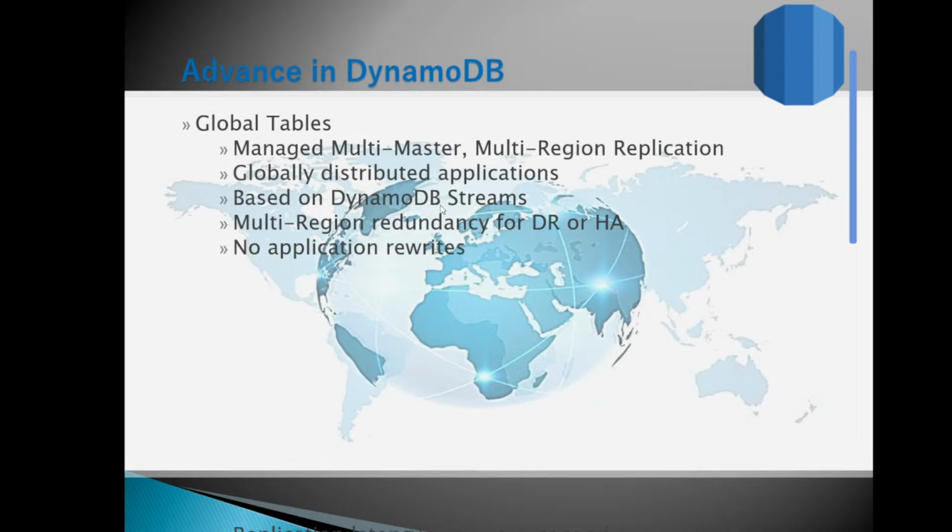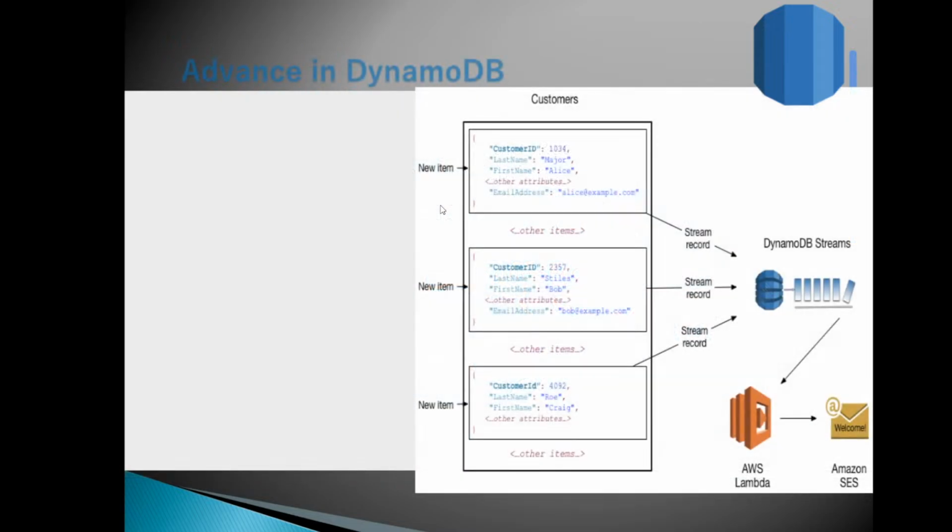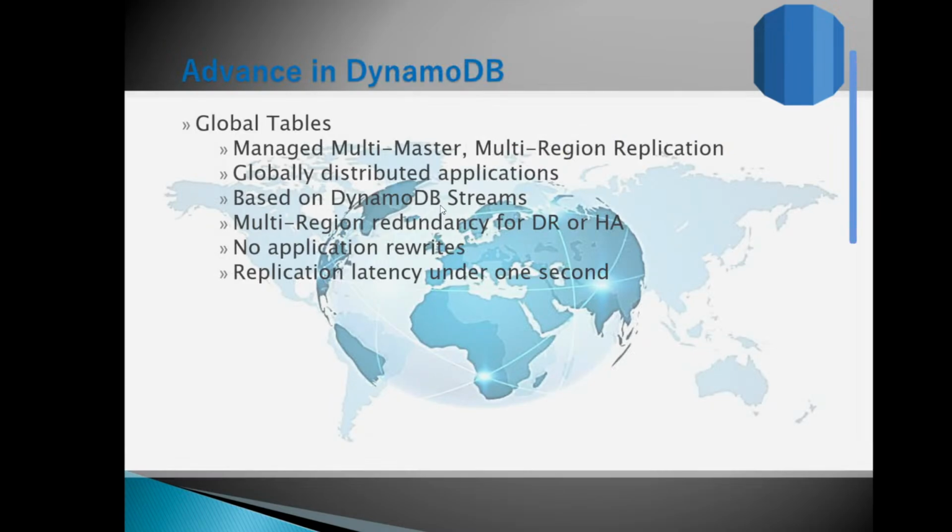No application rewriting. You don't have to write or develop any code. Amazon will manage everything here. Replication latency is under 1 second. If you are adding any item in Mumbai, it will be replicated to Virginia within seconds. Okay, that is a global table.